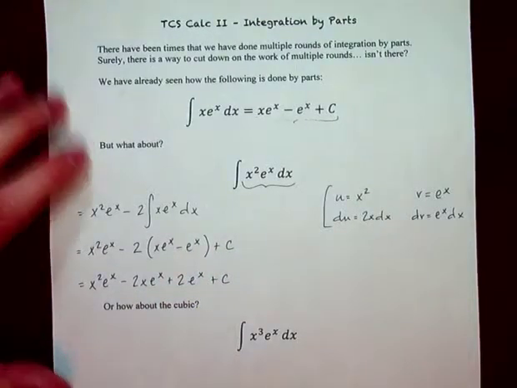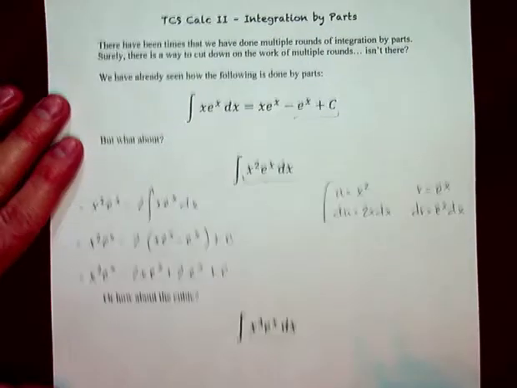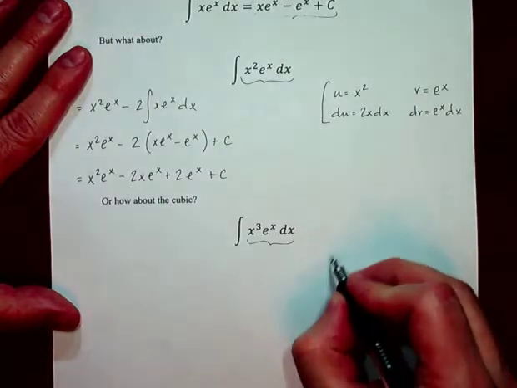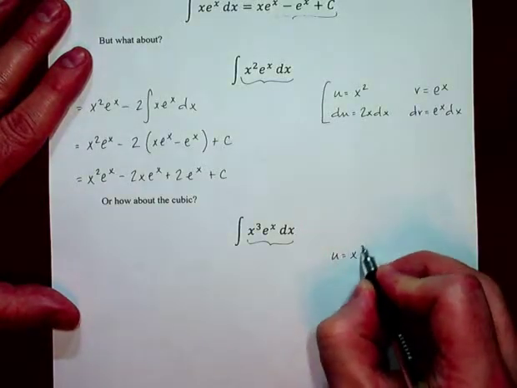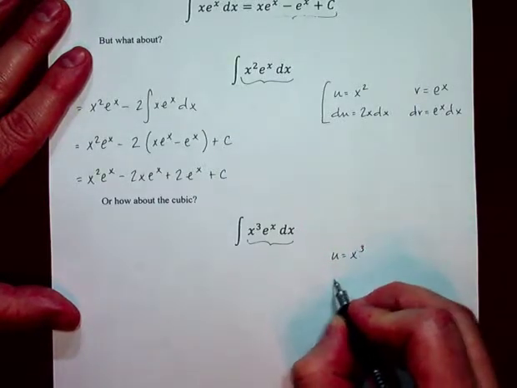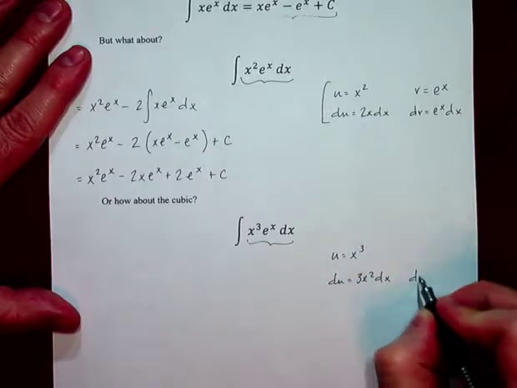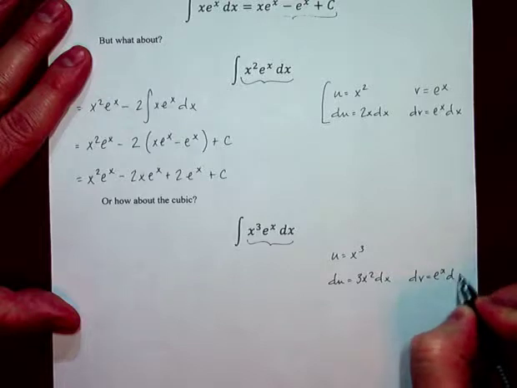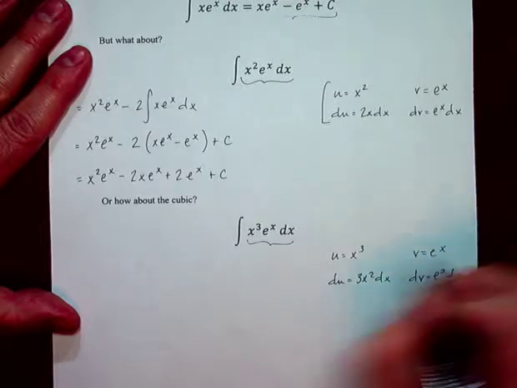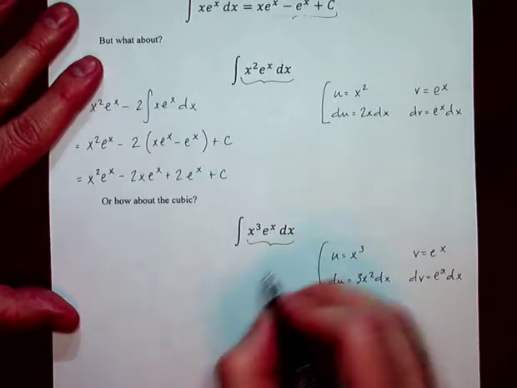Okay, well, let's say we were given x cubed e to the x, and you would do the same thing. You would have u as x cubed, and du is 3x squared dx, and our dv is equal to e to the x dx, and v is e to the x, and oh my gosh, this is getting exhausting.